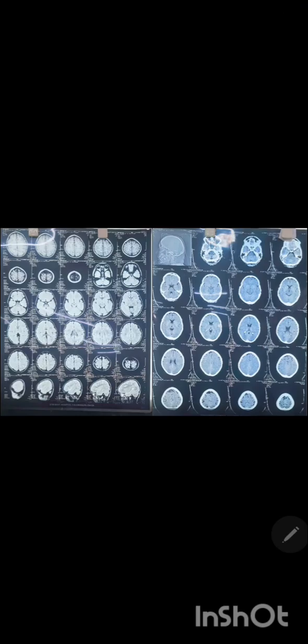Now we will check the difference and purpose of both CT and MRI.